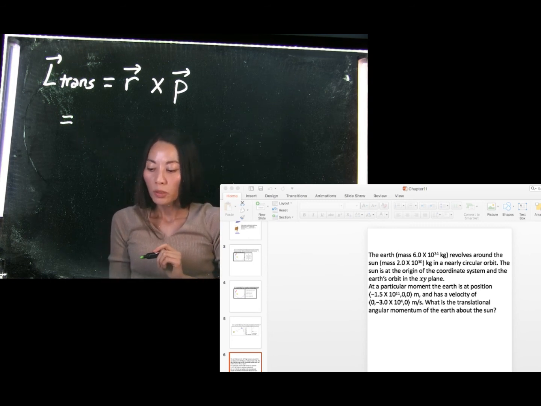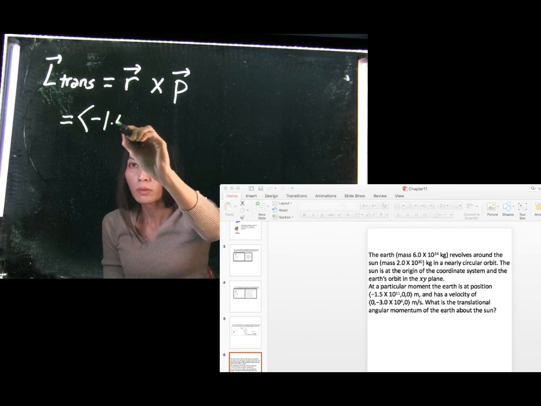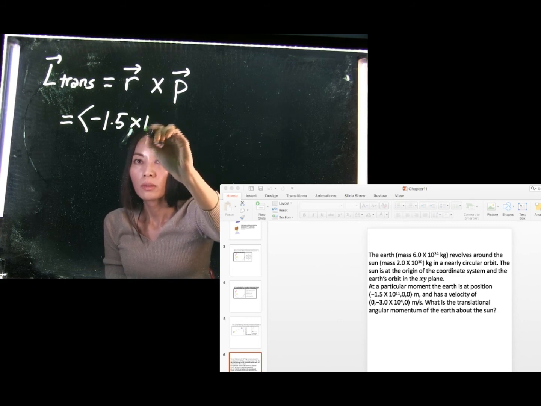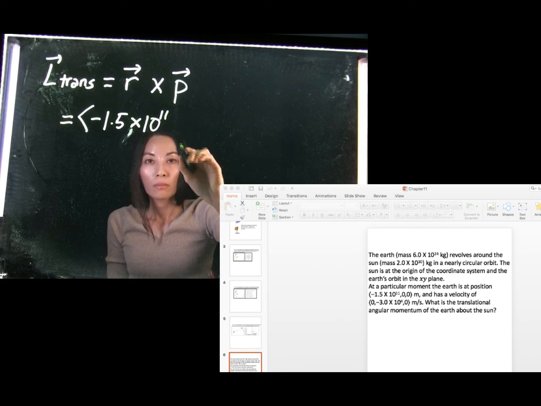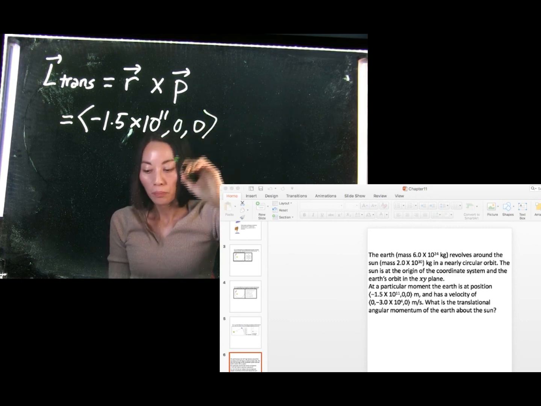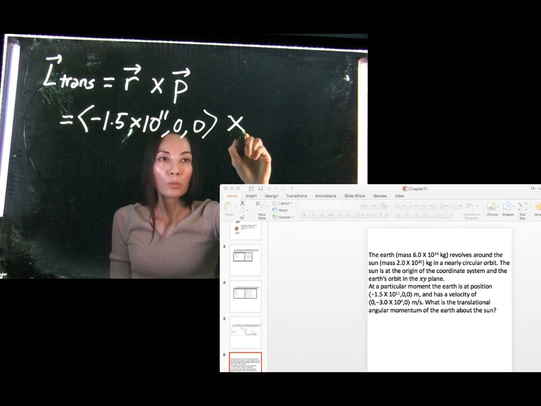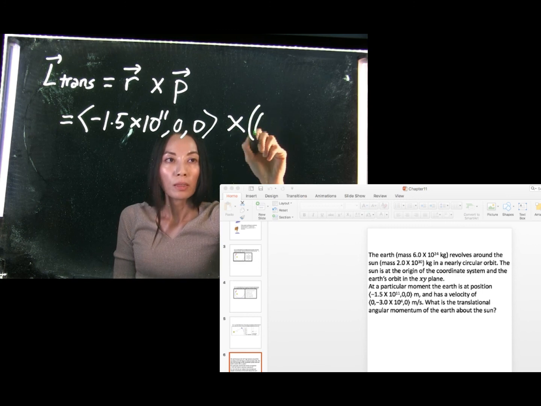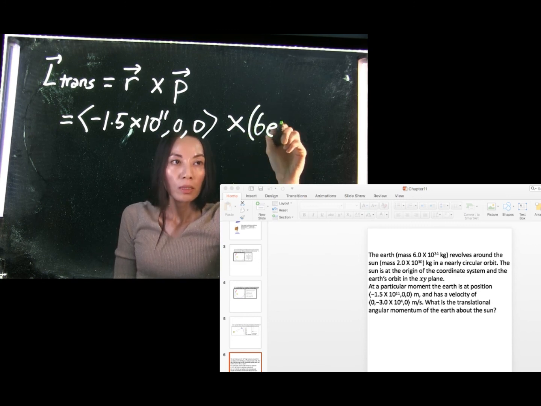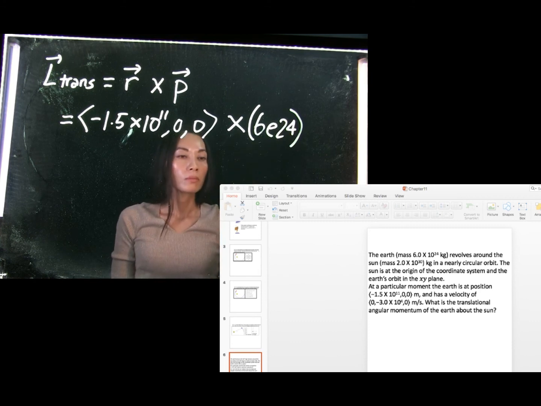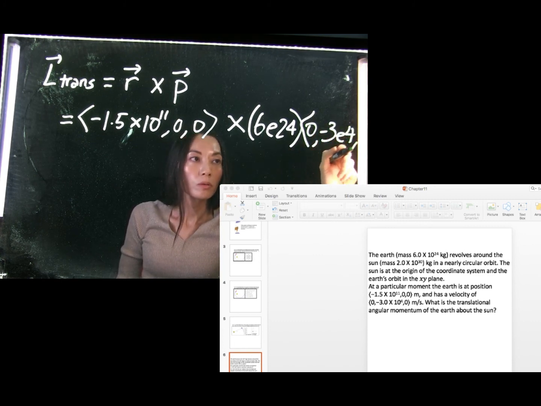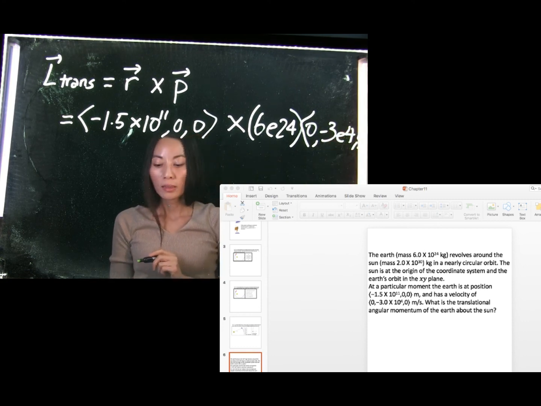So we know that the position is given as minus 1.5 times 10 to the 11, 0, 0, and cross product with the momentum, where the mass is given as 6 times 10 to the 24, and the velocity to be 0, 0. So that's the velocity.